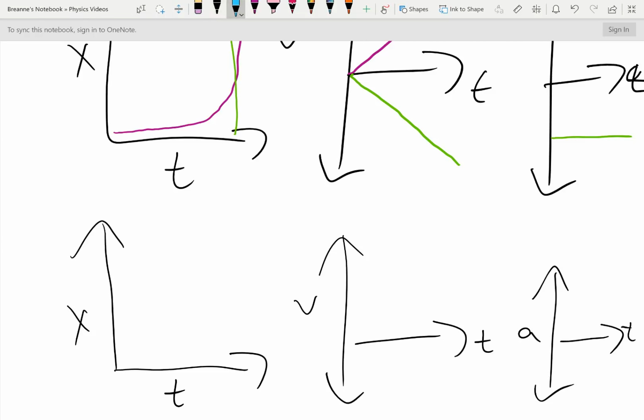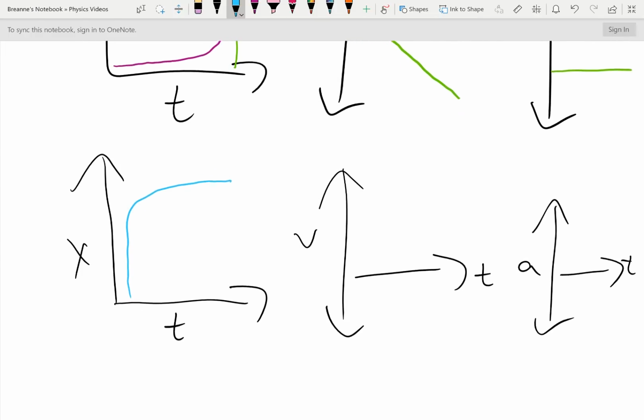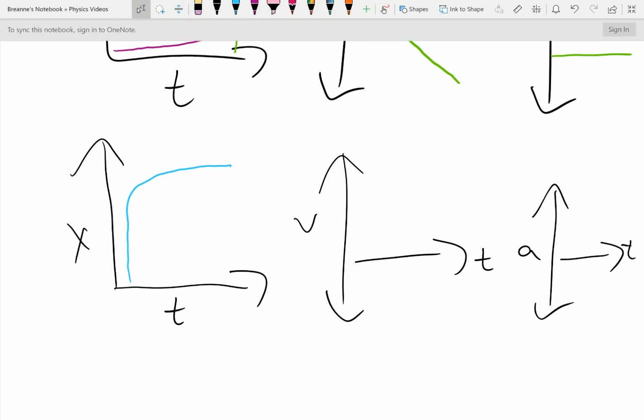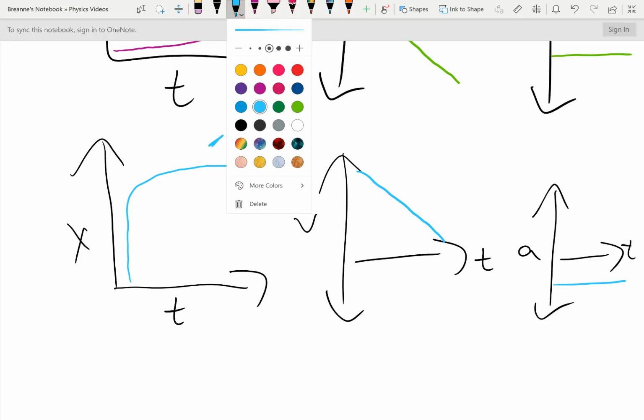So person negative accelerating north, that'd be a slowing down in the north direction. So you would start vertical and go horizontal. So you're slowing down in the positive direction. That's a negative slope. So you're down there. So that's negative.